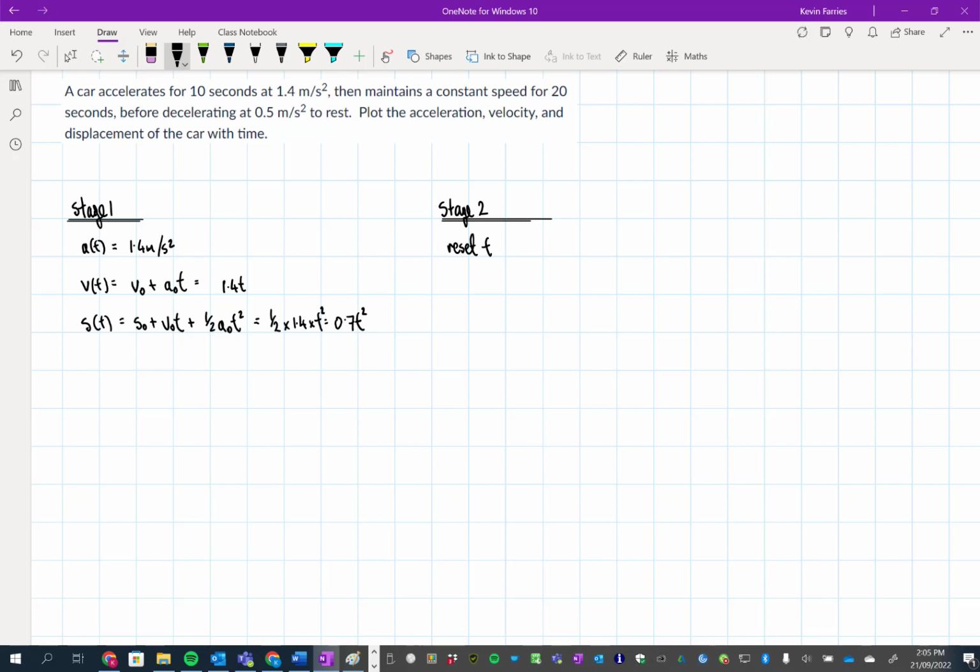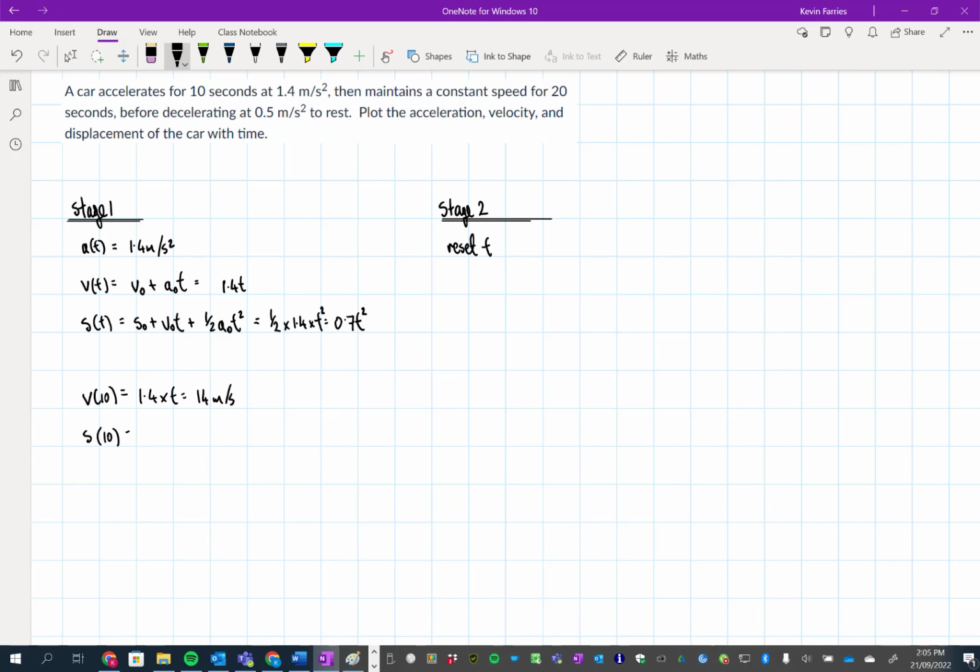So the acceleration at 10 seconds is just 1.4 meters per second squared, but the velocity at 10 seconds is just going to be 1.4 times t, which is going to be 14 meters per second. So that's the velocity at the end of this stage, and the displacement at the end of this stage.